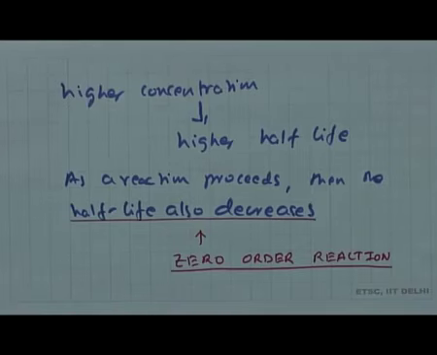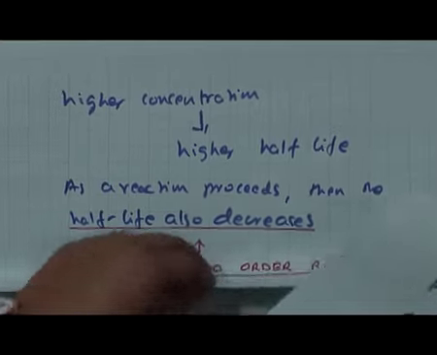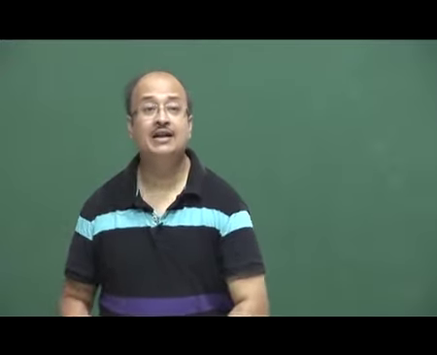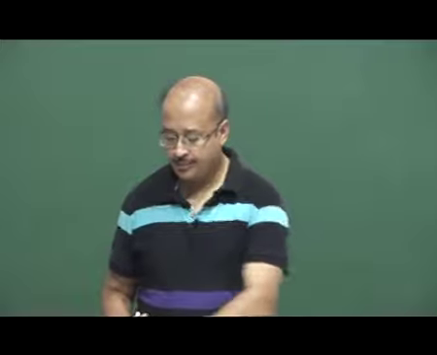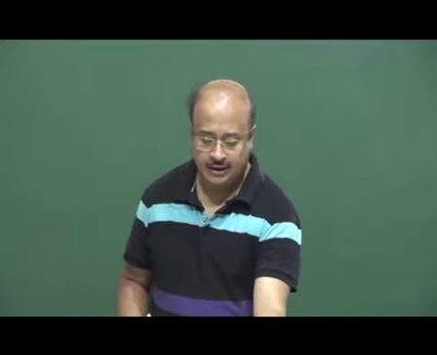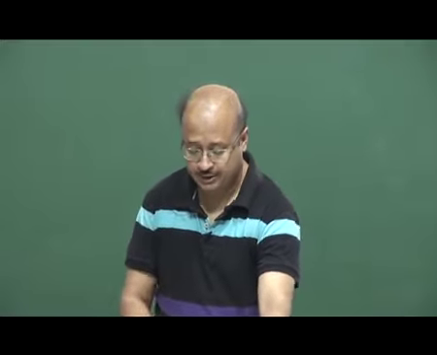As the reaction proceeds, your concentration is decreasing, and your half life is also decreasing, and this would be another signature of a zero order reaction, which then brings us to this feature of a half life, where we had said that the half life indeed can be used as a preliminary check of the type of reaction you have at hand. Okay. So, we stop there.